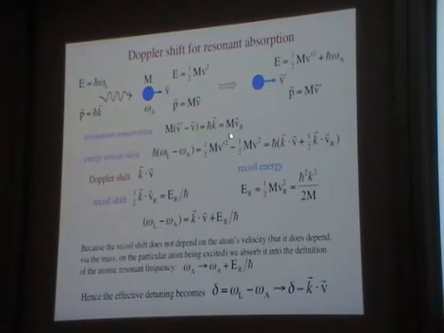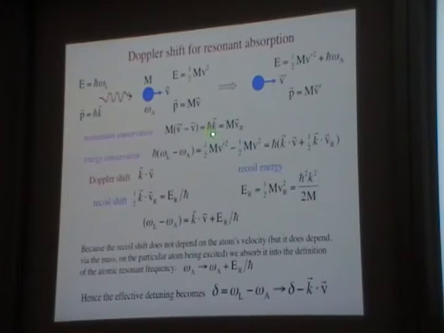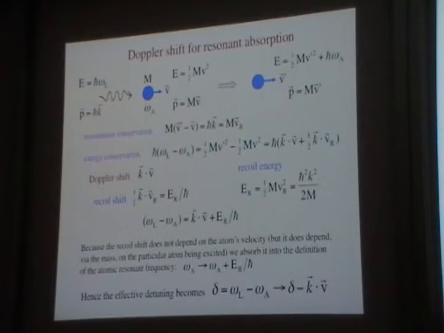By conservation of momentum, the momentum change of the atom results from just the absorption of the photon momentum, h bar k here. And you can actually rewrite this in terms of new notation where you can assign a characteristic velocity associated with this momentum transfer from the photon for an atom of mass m.